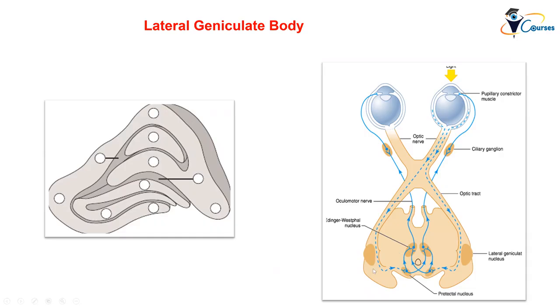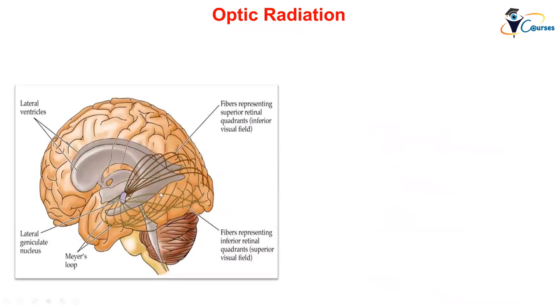So if there is a lesion involving the occipital cortex or radiation, as we are going to see now, after the fibers pass through the lateral geniculate body, they will split into temporal radiation and parietal radiation. This is the temporal radiation, and this is the parietal radiation, which represents the superior retinal quadrants, representing the inferior visual field, while the temporal radiation represents the inferior retinal quadrants or superior visual field.